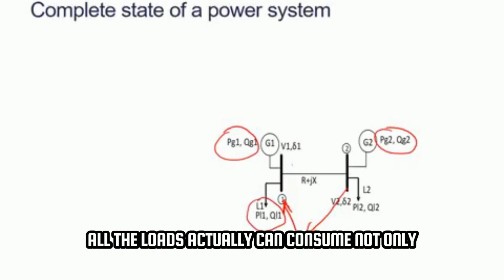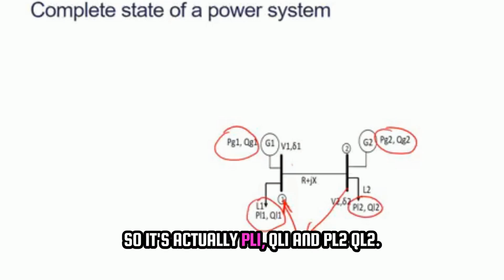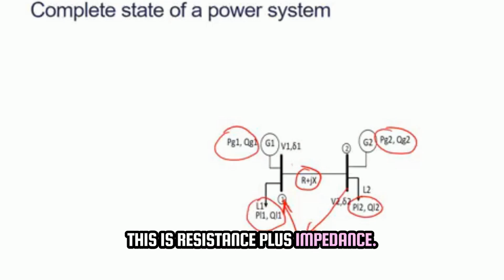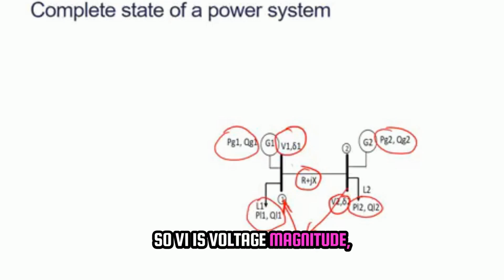All the loads can consume not just real power, they also consume reactive power, so it's PL1, QL1 and PL2, QL2. And all the transmission lines will have some R plus jX, this is resistance plus reactance. And on all the buses, we have some voltage magnitude and angle. So V1 is voltage magnitude, delta 1 is the voltage angle.